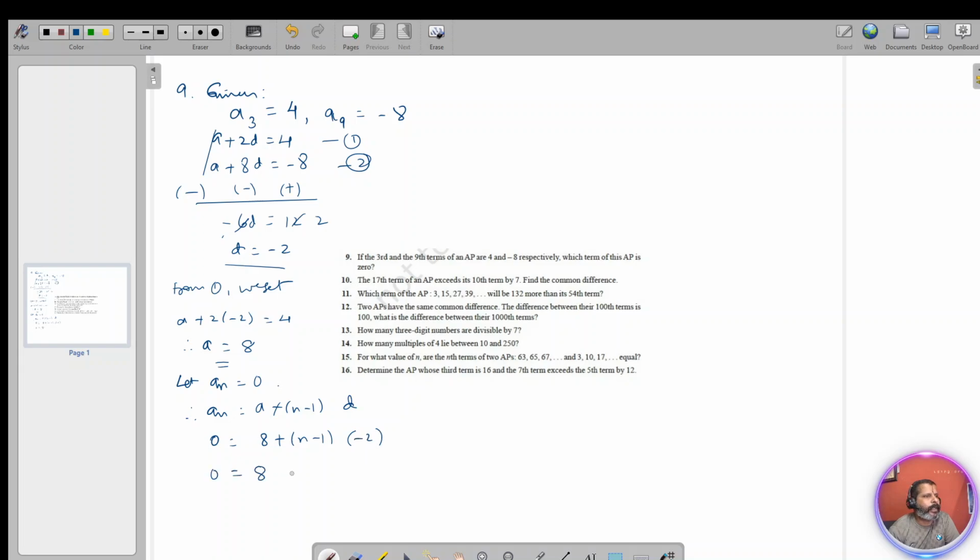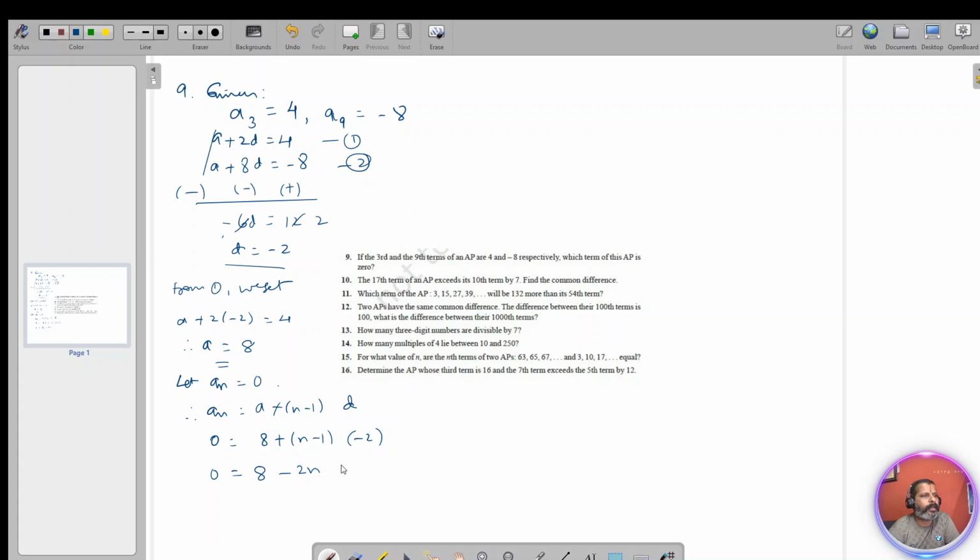0 is equal to 8 plus, you have to multiply minus 2 to the n minus 1. So plus n into minus 2 is minus 2n, and minus 1 into minus 2 is plus 2. You should know properly the multiplication here.